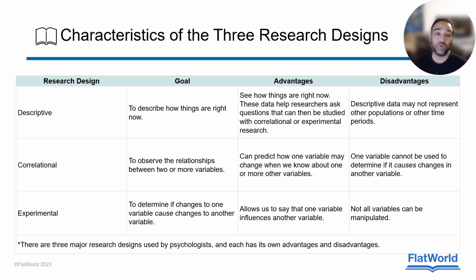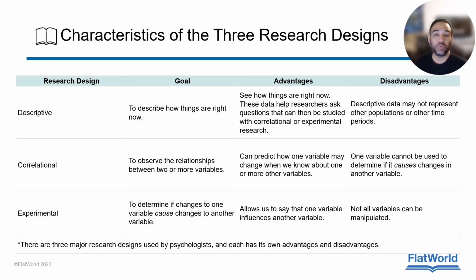So comparing and contrasting all three designs, they are all used to learn more about the world, but they have different methods and different goals. Descriptive research observes and describes things as they are without looking for any relationships or causes. Correlational research examines relationships between two things but doesn't determine cause or effect.